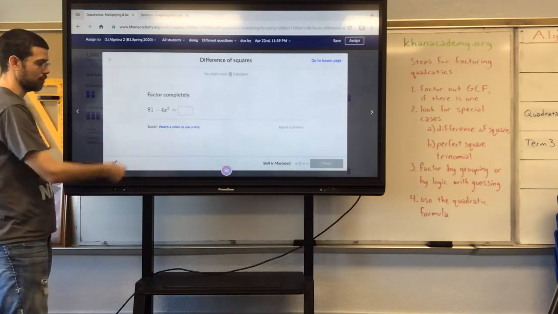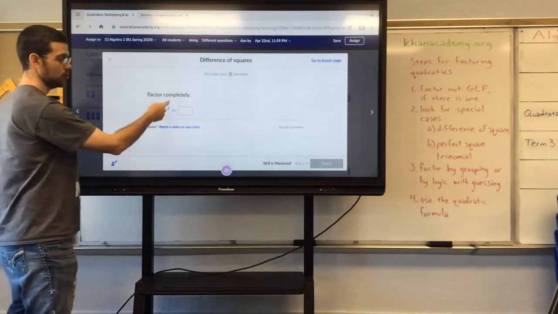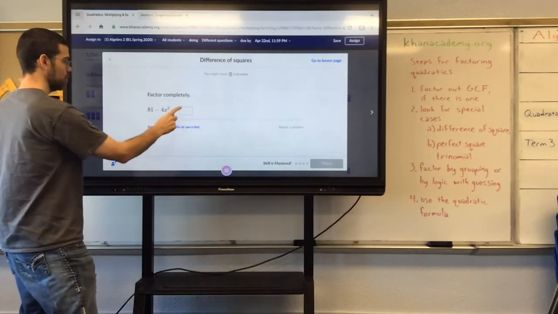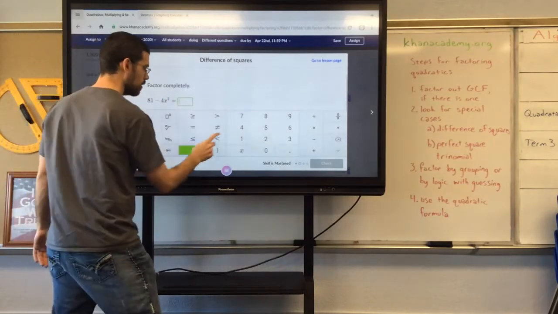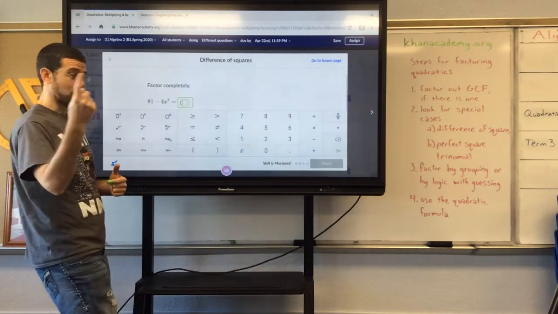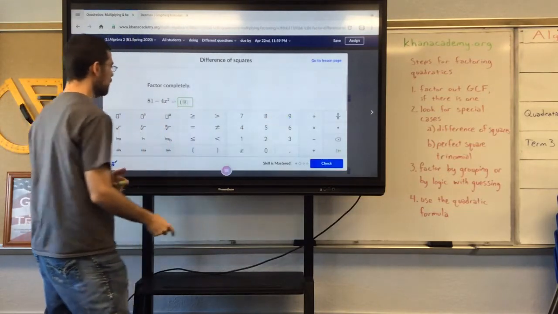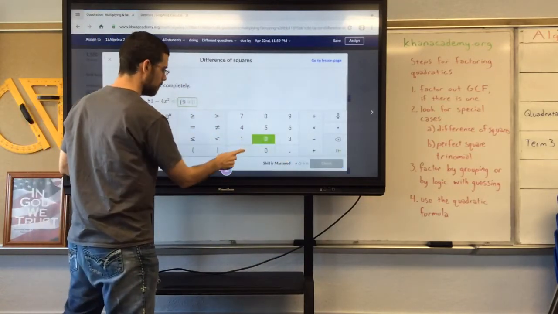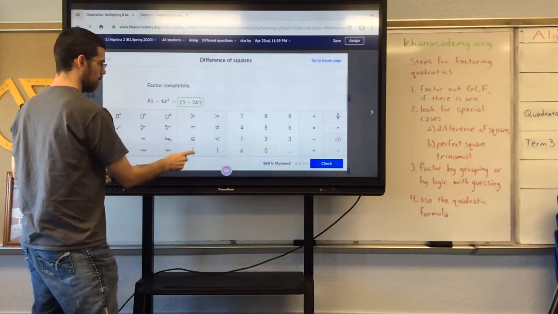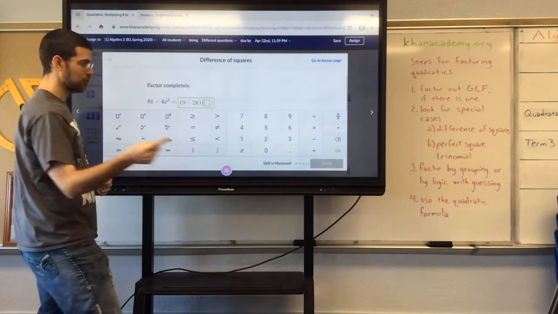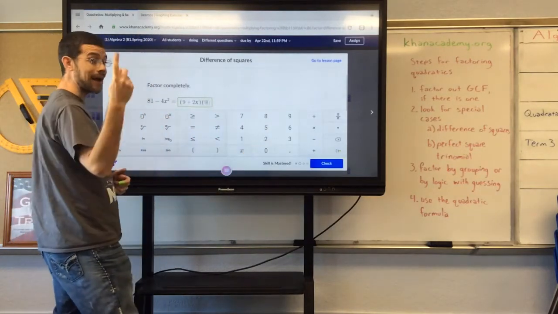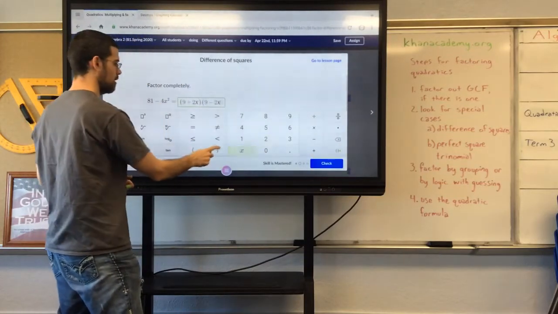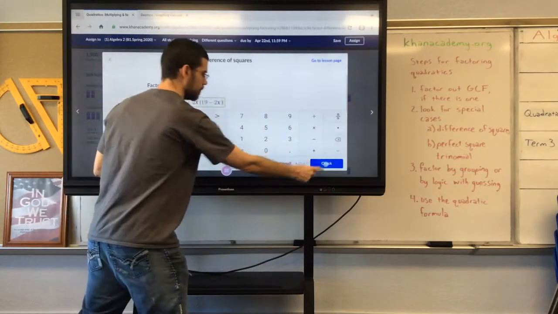We've got two square numbers, 9 times 9, 2x times 2x, so we're ready to go with our difference of squares. Square root of the first term is 9, plus the square root of the second term, which is 2x. Square root of the first term is 9, minus the square root of the second term, which is 2x. And we're good.